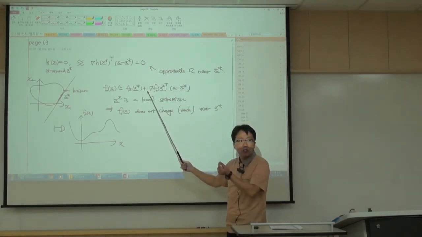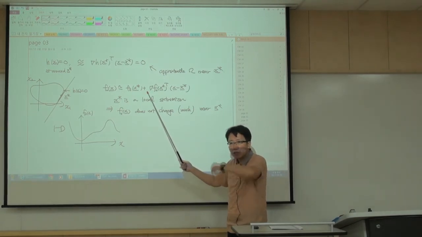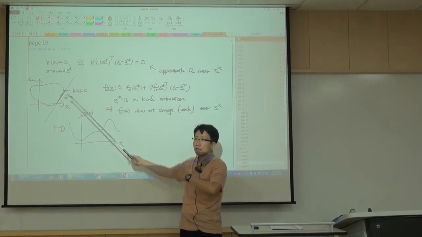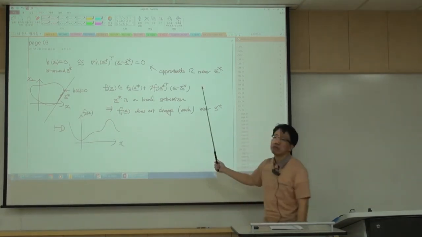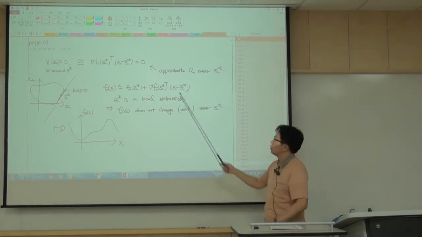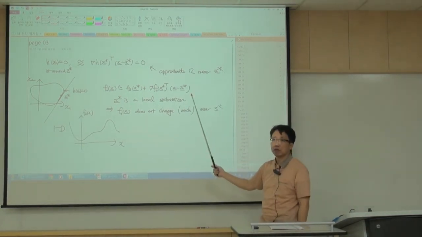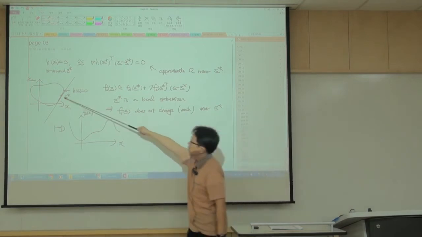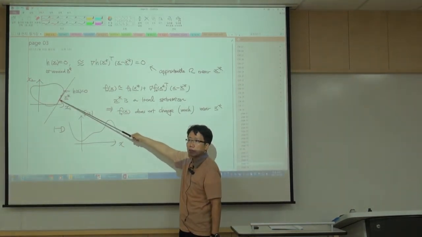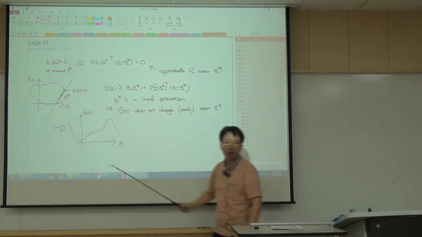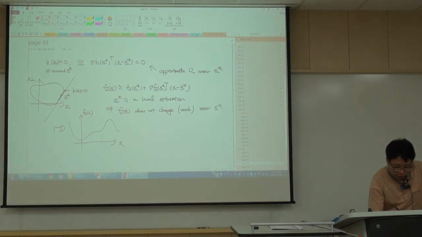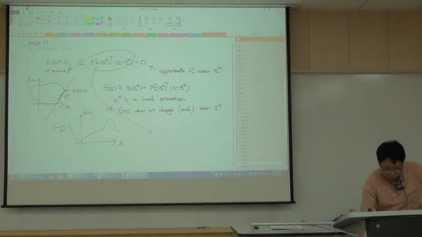If you change near x star inside the constraint set, approximated as a straight line here, this part will be 0, right? If x star is a local extremizer, this one must be 0. Am I right? On this straight line. Got it? Now, when do we have this? So it's like this. See that?